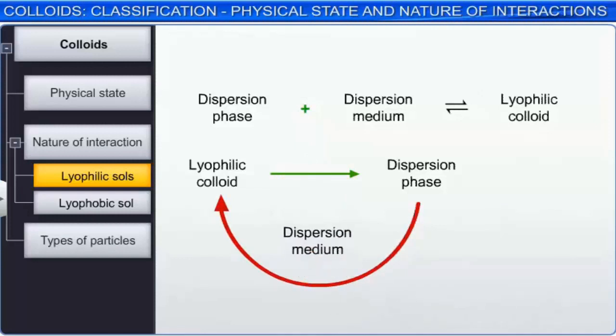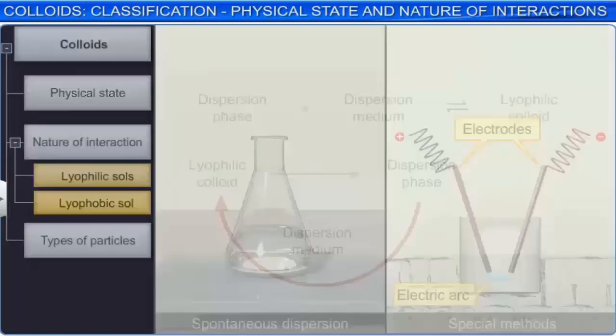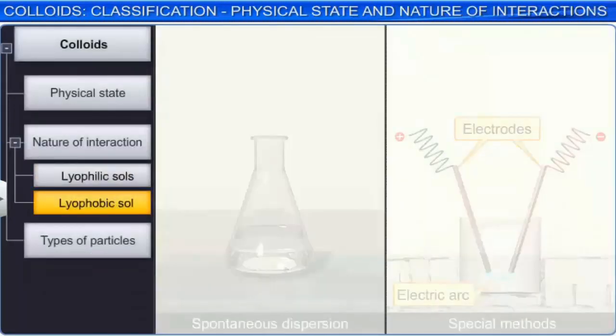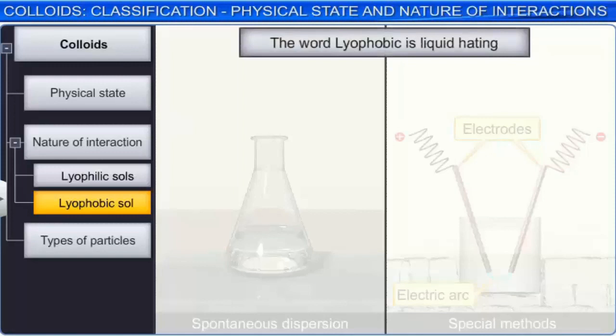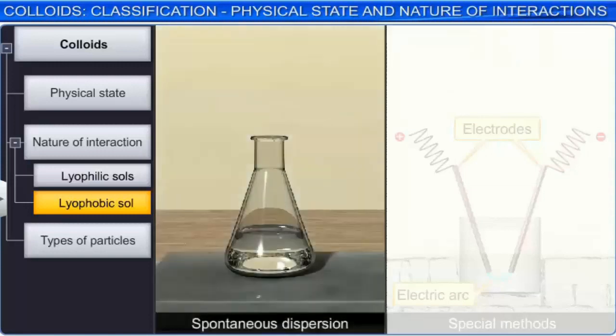Let us now discuss the second category of colloids, lyophobic colloids. The word lyophobic means liquid-hating. Lyophobic colloids cannot be formed by spontaneous dispersion in the medium, but can be prepared only by special methods.